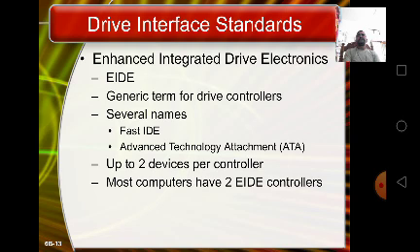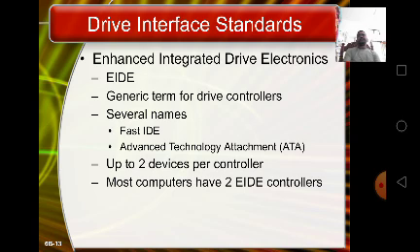The latest version of EIDE supports data transfer rates of 66 megabytes per second. The EIDE standard's variants go by names such as Fast IDE, ATA, Fast ATA, ATA 2, ATA 3, ATA 4, Ultra ATA, and ATA 66.